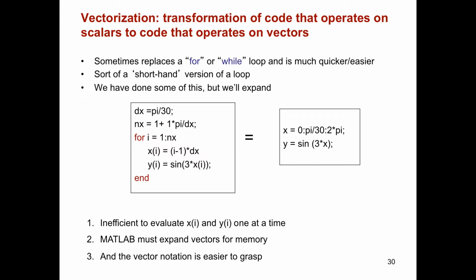It would know precisely that 3 times x is a vector, where every element is multiplied by 3. And then I would do this sine element by element, so I would compute a sine function of every element of this array. That's called vectorization, and it is available in MATLAB. It's not necessarily available in other programming languages.